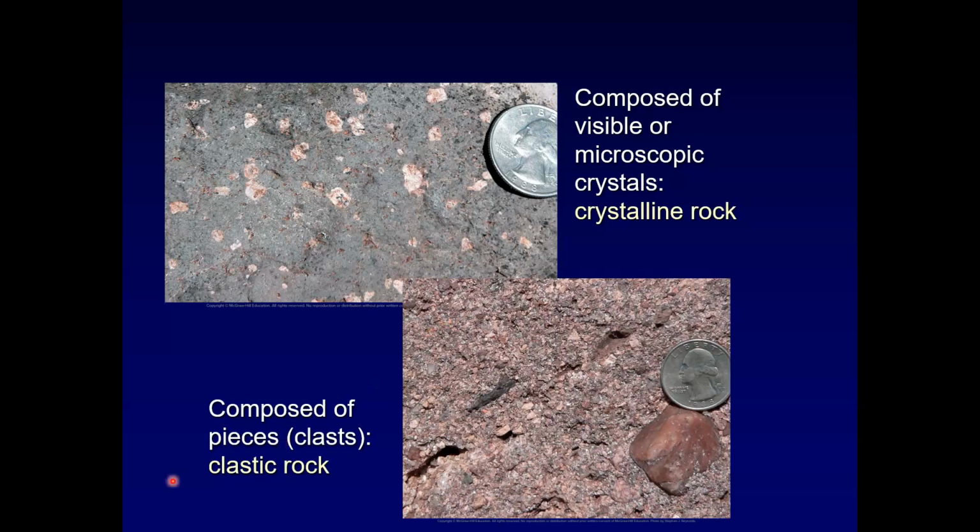The one on the bottom is considered to be clastic. It's composed of pieces or clasts that have been lithified together. It typically forms on the Earth's surface from sediment sourced from sand dunes or rivers.